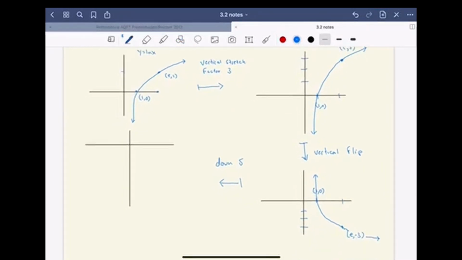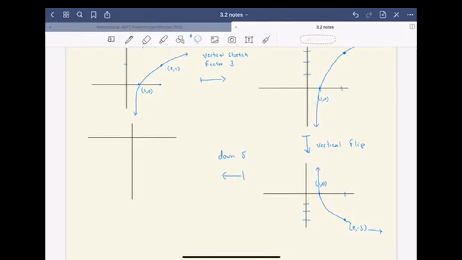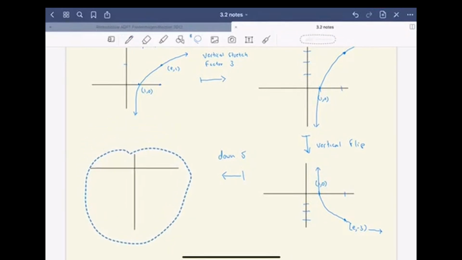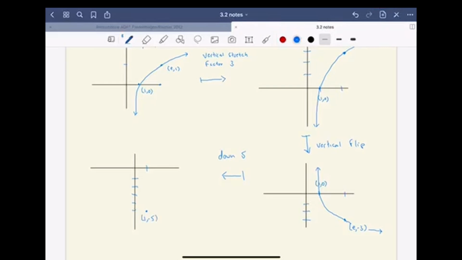So instead of 1, 0, we're going to have 1, negative 5. And instead of e, negative 3, we're going to have e, and that negative 3 goes down by 5, negative 8.